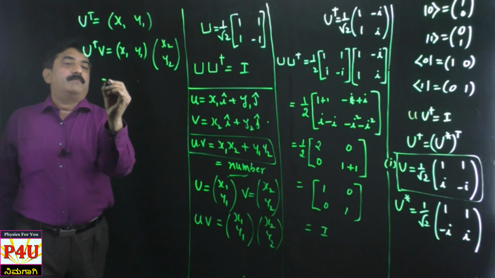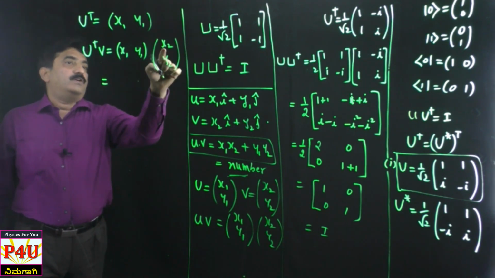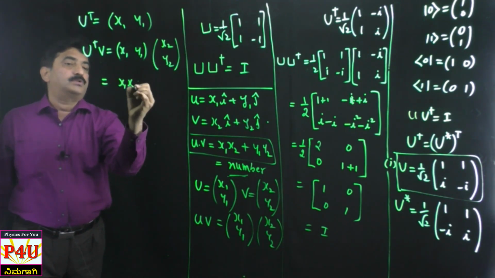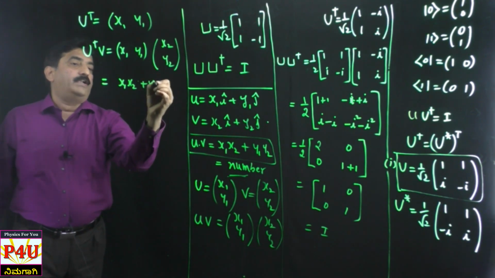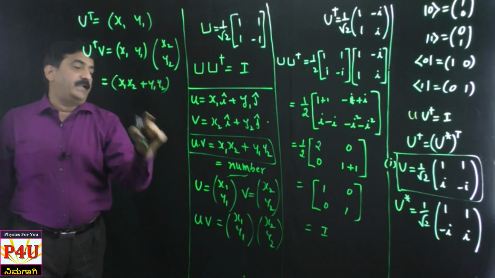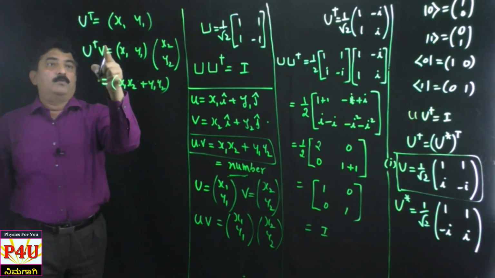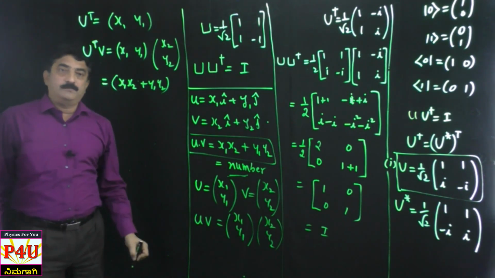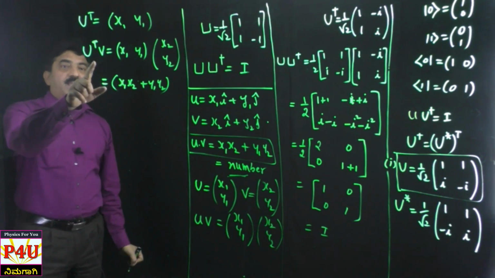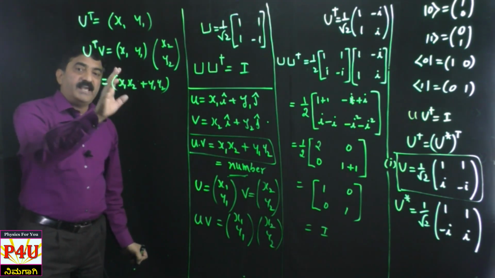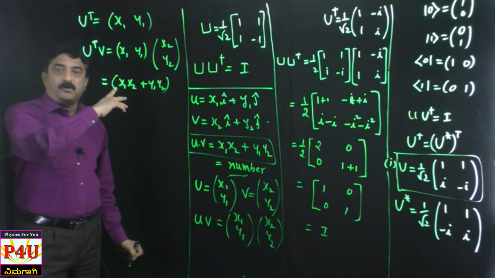Okay, coming back to this, now multiply: x1 x2 plus y1 y2. See, this is what I wanted, I got it. That means u transpose, this is not dagger, this is transpose, u transpose v is going to give you the same result you get from the dot product.